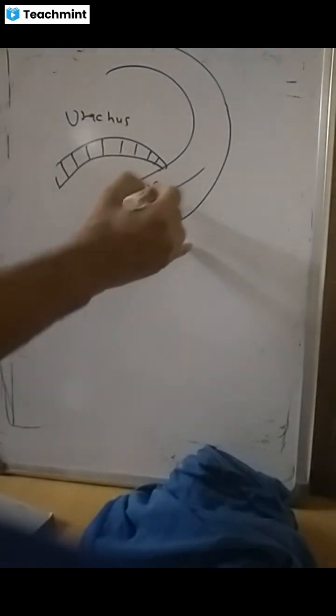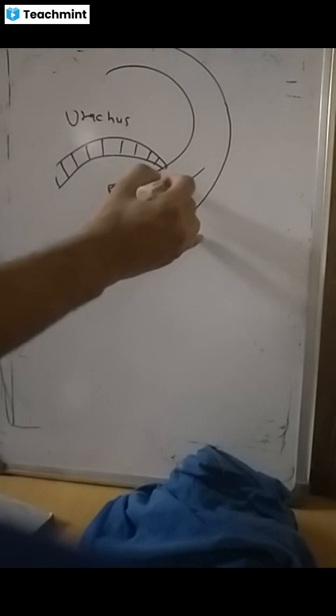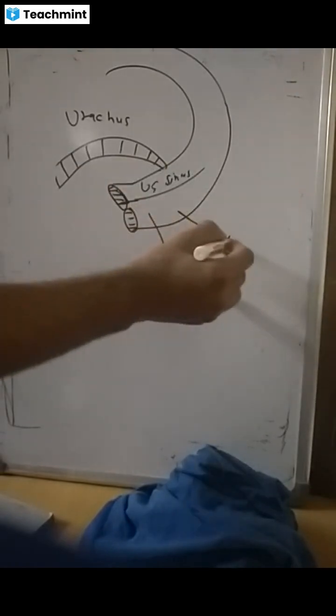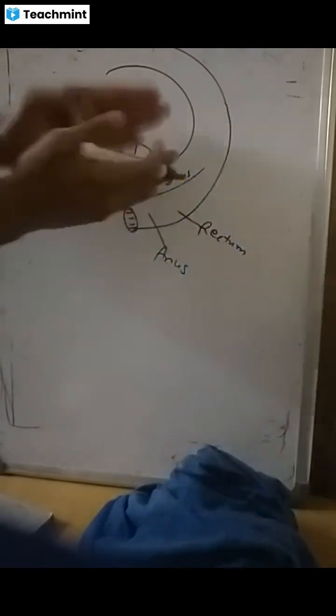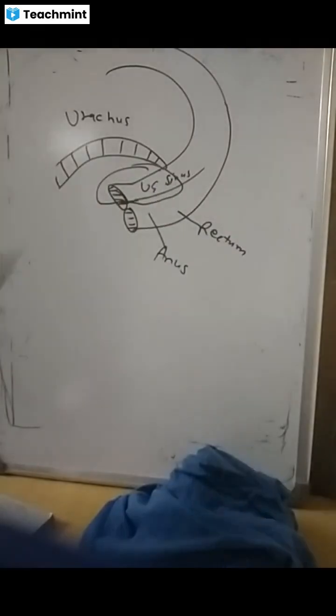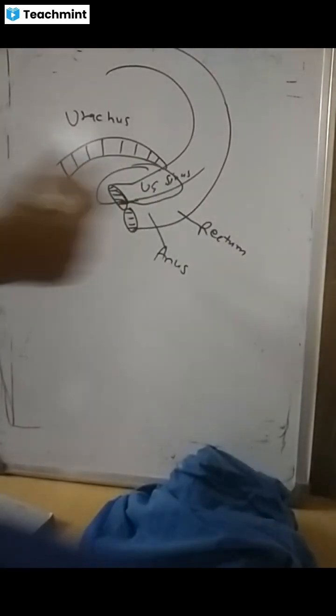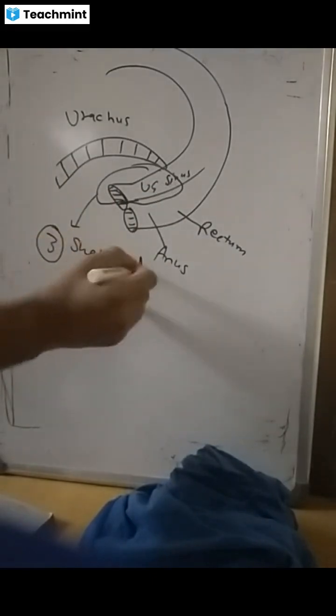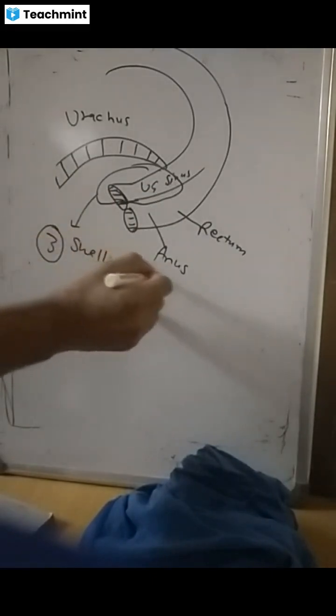This is the urogenital part, and here you will find the anus and rectum. It is called the urogenital part. Part three: the genital swellings.